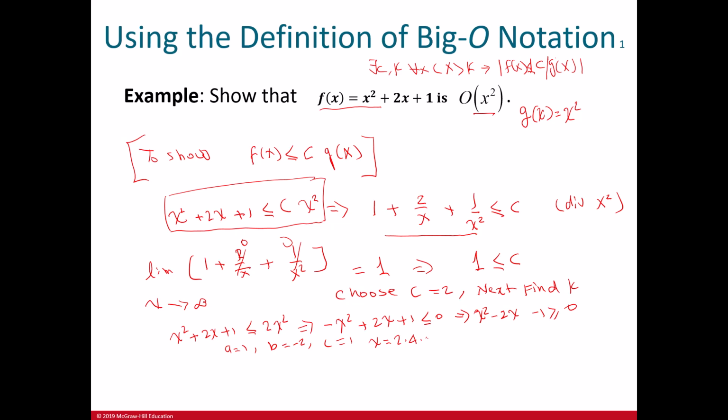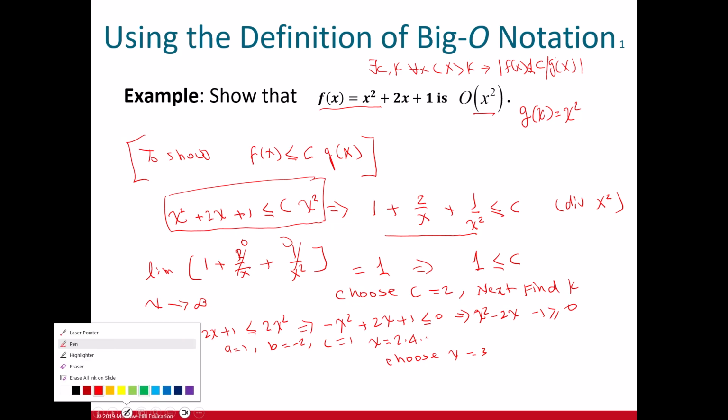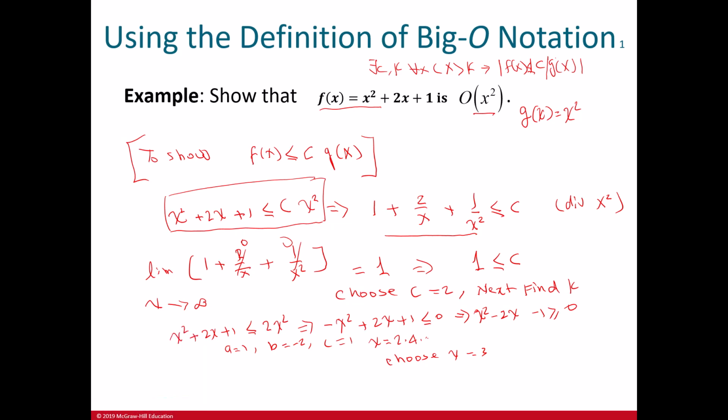So in this case, just to be safe, I'm going to choose x to be 3. My final answer then, I'm going to write here in a different color, is that c is equal to 2 and k is equal to 3.